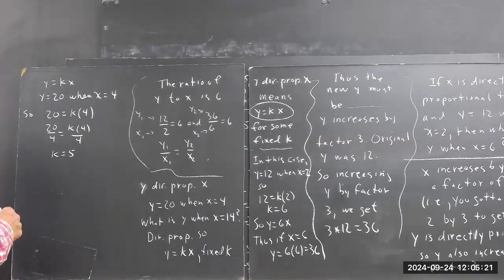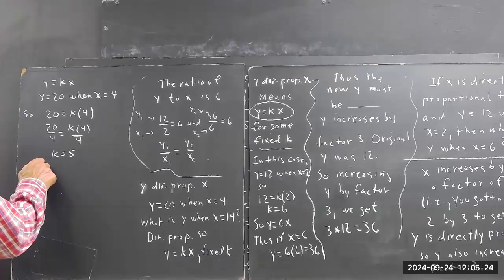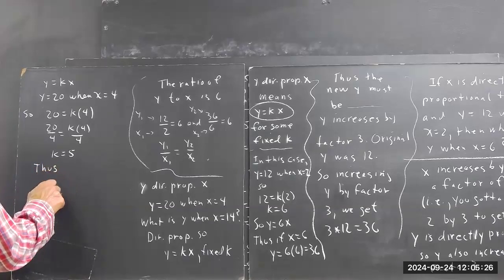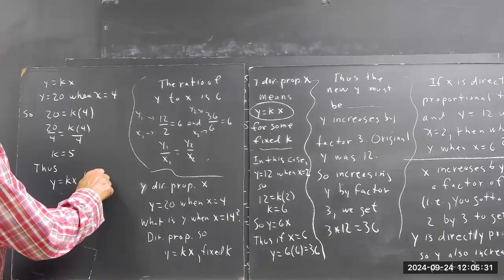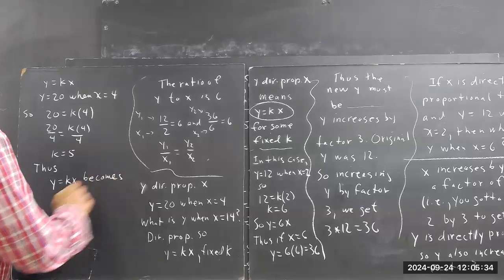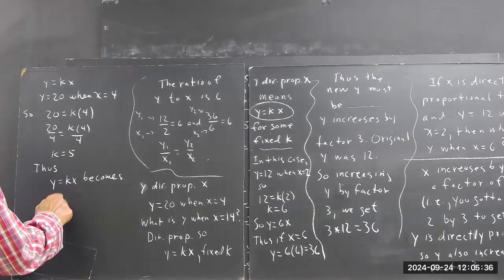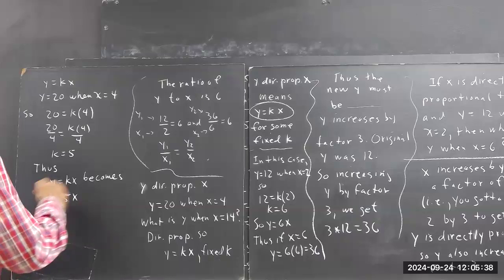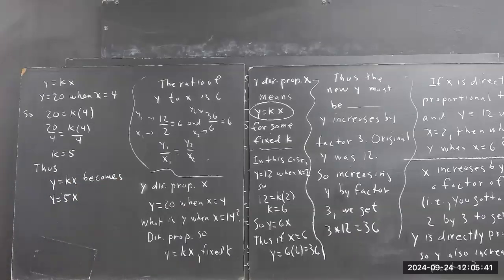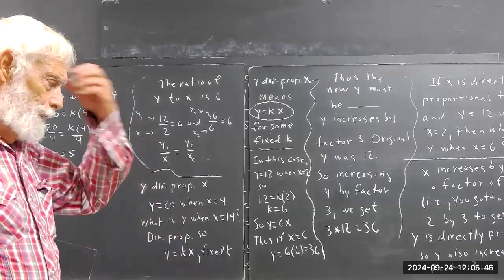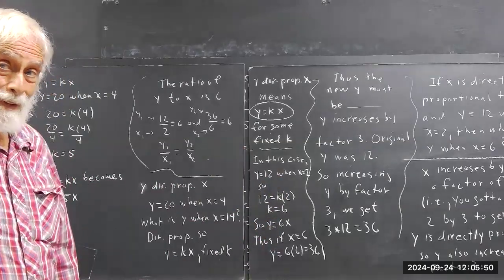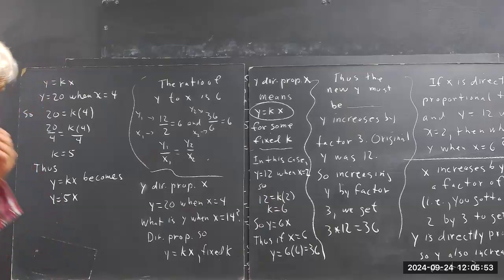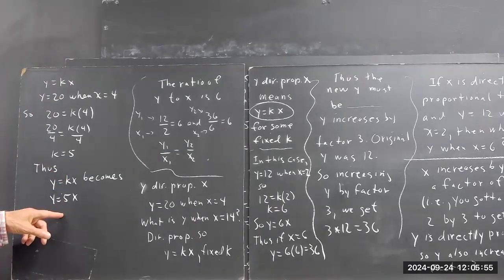So y equals kx becomes y equals 5x. I've written out a little more. I didn't really write it out that way overhead, and the numbers came out unfortunately, with a couple of 6s floating around here. It might not have been clear why the 6 went there, so it should be clear here where that 5 came from.